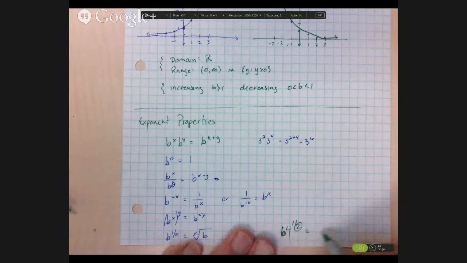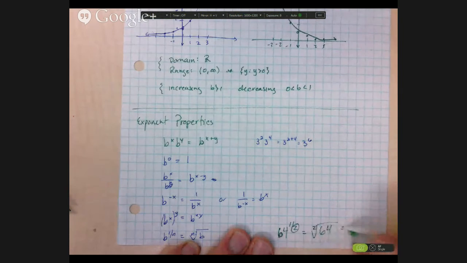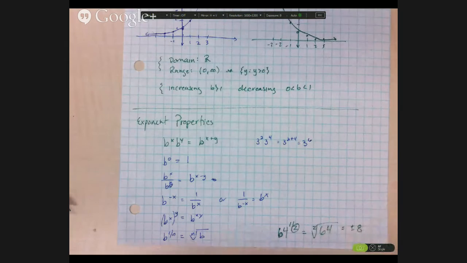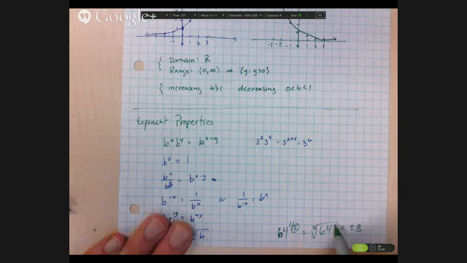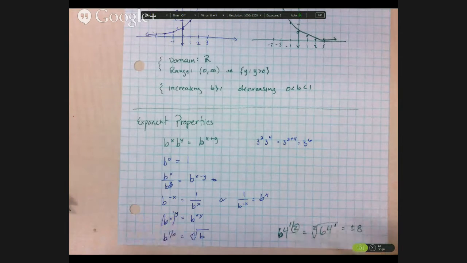So that's what goes in the root. And in fact, that's actually just the square root of 64. Okay. So be aware there, the 1 would actually be right here. So if you have fractional exponents, the top number goes with this, the bottom number goes in the root. Okay.